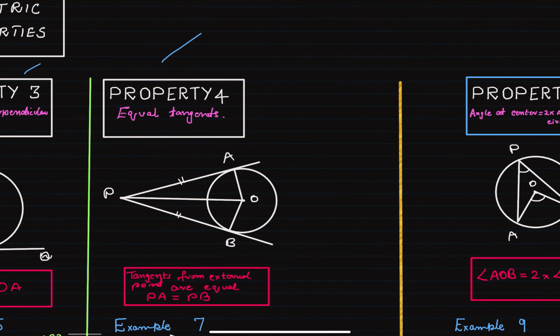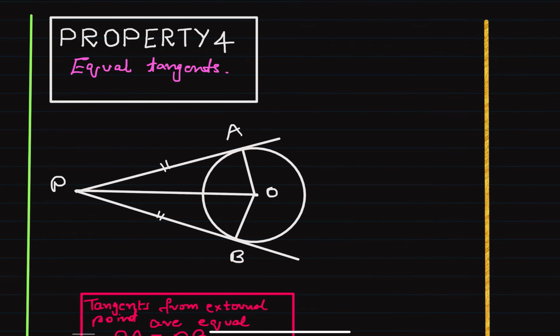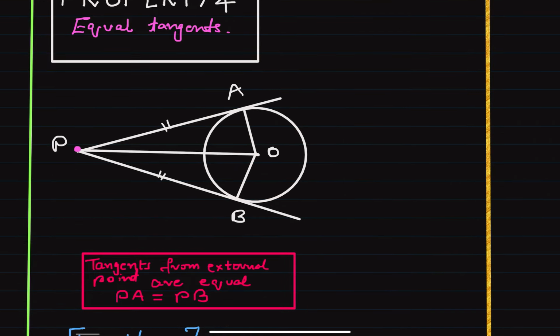Now look at the last symmetric property, that is about equal tangents. If there is a point outside the circle that we call an external point, and if you draw two tangents from this, PA and PB, their lengths should be equal.